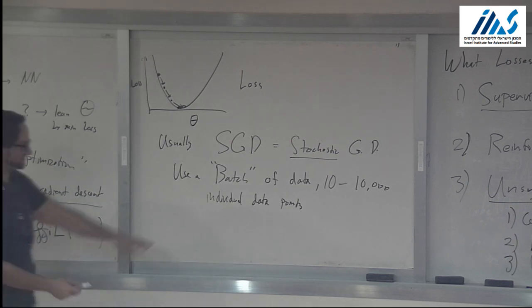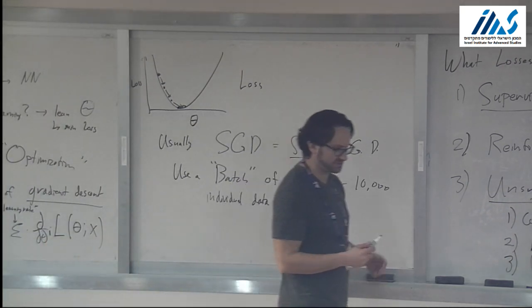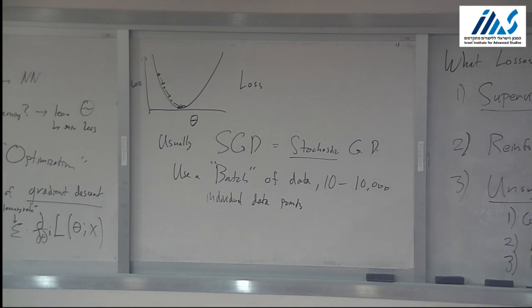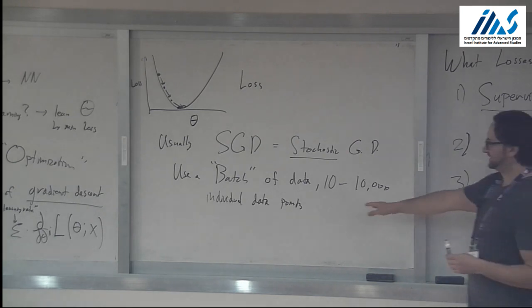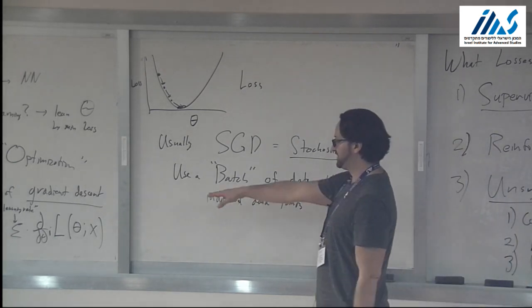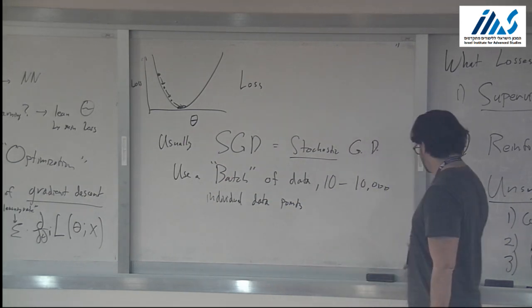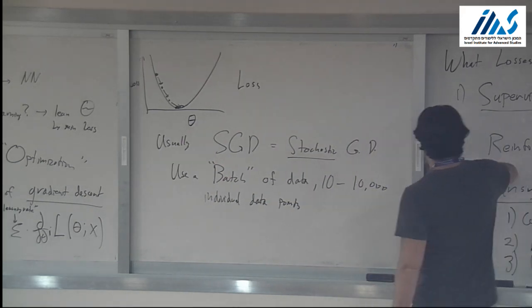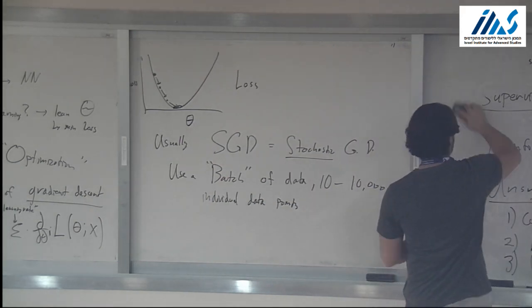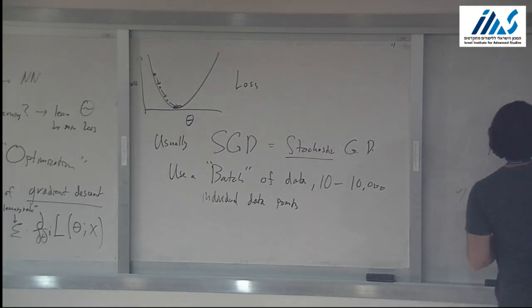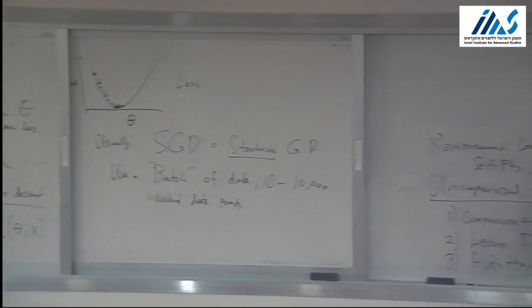So that's where the word stochastic in stochastic gradient descent comes from. This isn't literally what's used, but something very similar to this is what's actually used in pretty much all of machine learning research.